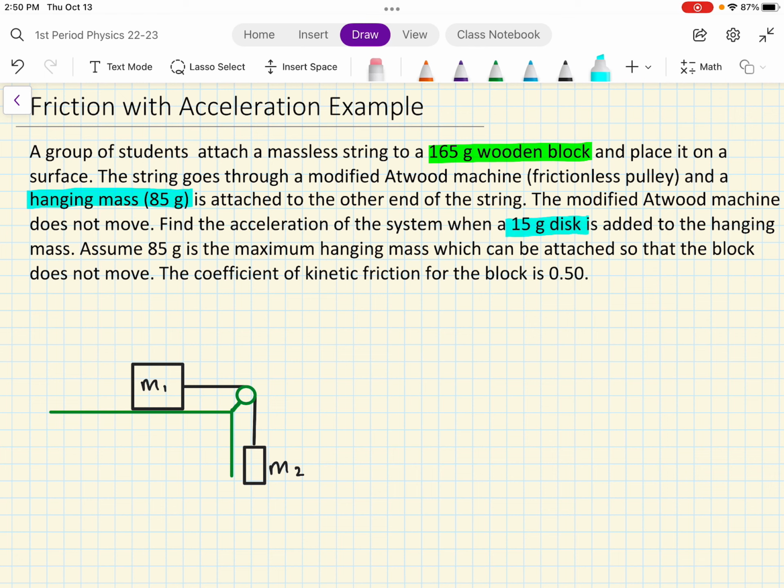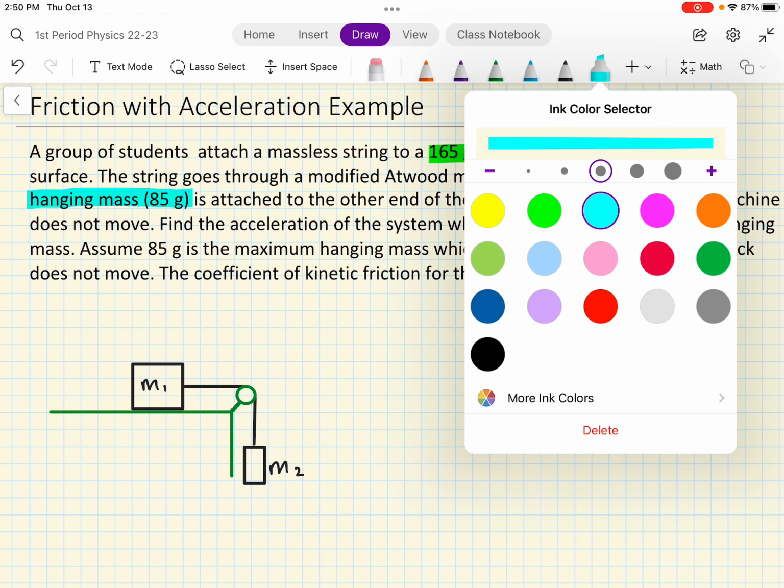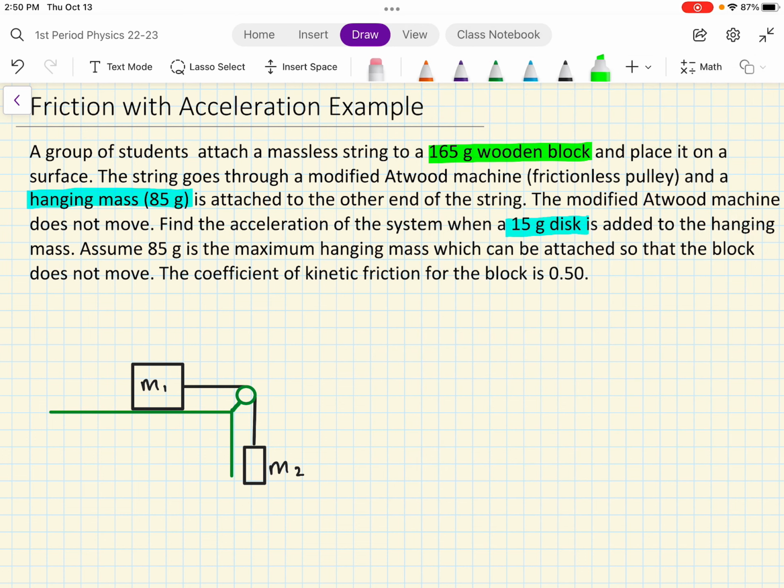It'll be a total of 100. And we know the coefficient of kinetic friction is 0.50. That goes with the block. So that goes green. And that's pretty much all we know. And then the acceleration of gravity, that's for both in this case. I'll use yellow for that. It's okay. We know it's 9.8 meters per second squared.